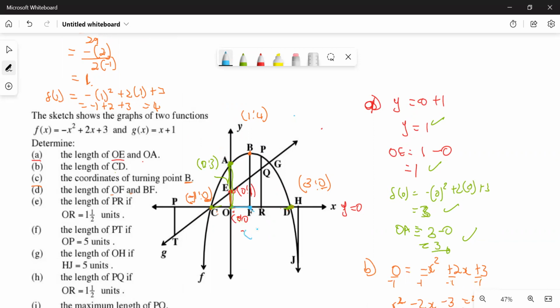What do you expect the coordinates of F to be? 1 and 0. So you concentrate on O and F. What are the coordinates of O? It's 0 and 0. Coordinates of O is 0 and 0, and then coordinates of F is 1 and 0. Okay, now on number D, it means you will say, okay.